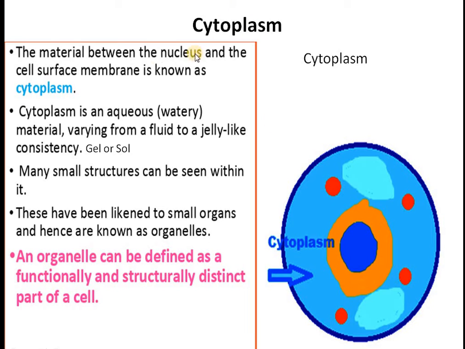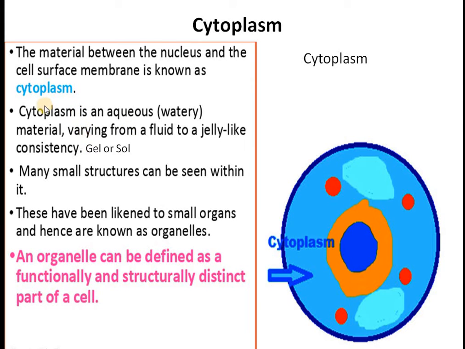Next we have to discuss cytoplasm. The material which is present between the nucleus and cell membrane is known as cytoplasm. This is a jelly-like material which has different consistency depending upon which kind of cell you are talking about. It can be semi-solid or watery.